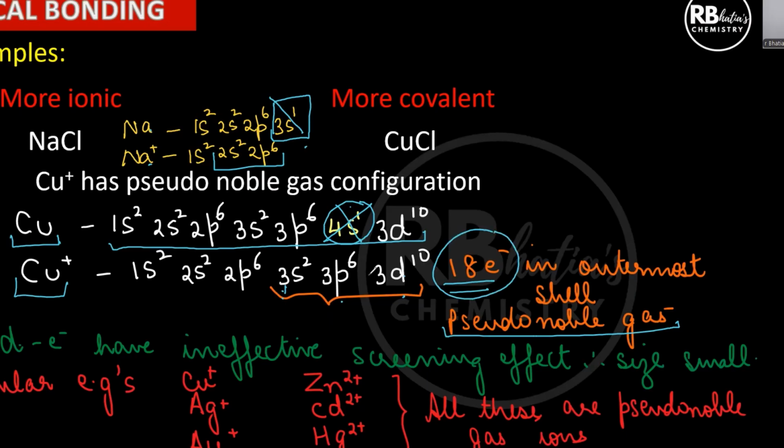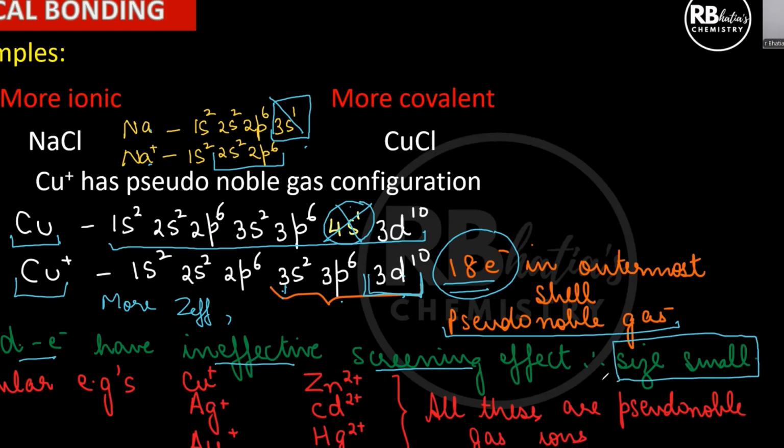And the presence of these d electrons, due to ineffective screening, leads to more Z effective. Why? Because of ineffective screening of d electrons, and hence the size becomes small. So Cu+ has a small size, which means more percentage of covalent character.